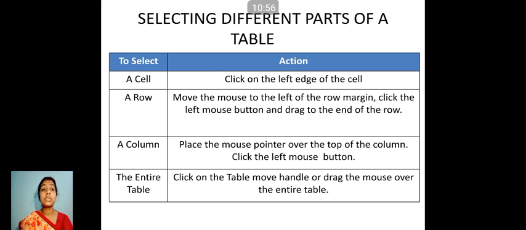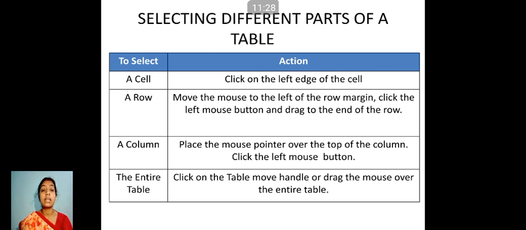To select a row, move the mouse to the left of the row margin, click the left mouse button and drag to the end of the row. I will show you how to do it. Then the column: place the mouse pointer over the top of the column and click the left mouse button, so the entire column will be selected. Then the question arises how to select the complete table.